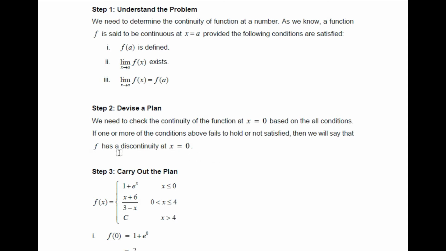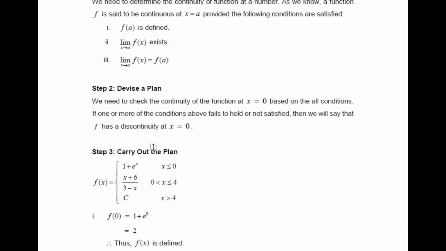So, we carry out the plan by checking all of the conditions. When one or more of the conditions fail, we will say that the function has a discontinuity at x equals 0.